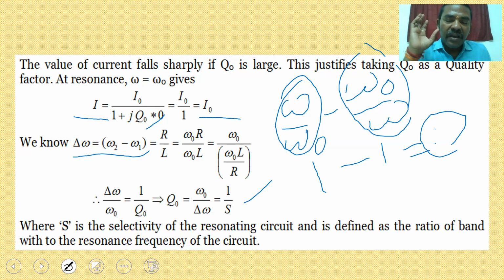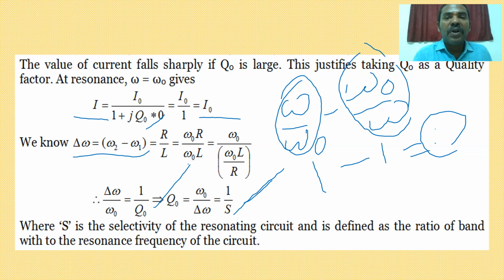In any electrical network under resonating condition, you have to choose proper selectivity and maintain a good quality factor. Both you have to balance. If the selectivity is very poor, you get a wide pass bandwidth, and the quality factor will be in a very bad condition with respect to the ratio of VL by VR or VC by VR, because with a wide pass bandwidth the current is very low.